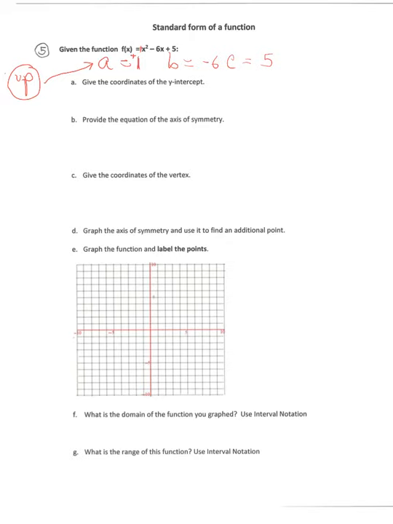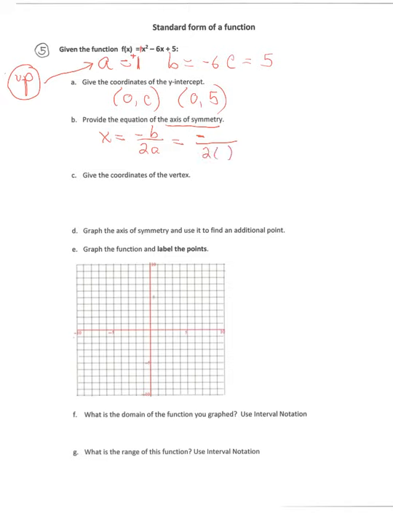It wants the y-intercept. The y-intercept is 0, c. You see why we did all that work first and found out what the a, b, and c were? 0, 5. Provide the equation for the axis of symmetry. That's the -b over 2a. Let's see what we get. Keep in mind the negative is in front of the equation.